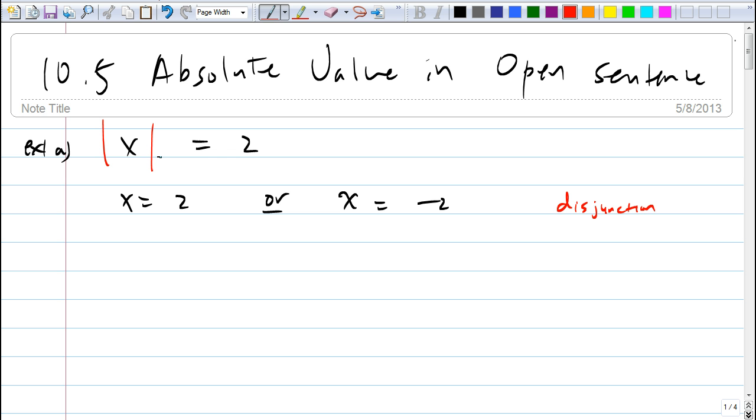Because it's equal, so it's not saying x is greater than or less than. It's just saying x is 2 or -2, so you can't say x equals both 2 and -2. If I were to put and in the middle, it wouldn't make any sense. How can a number be 2 and -2 at the same time? It's impossible. So that's why you're forced to put or there, because there are 2 possible solutions for this. X could be 2 or -2. Does that make sense? All right.